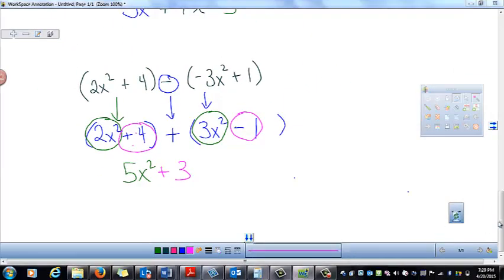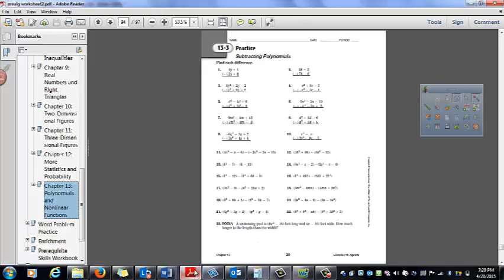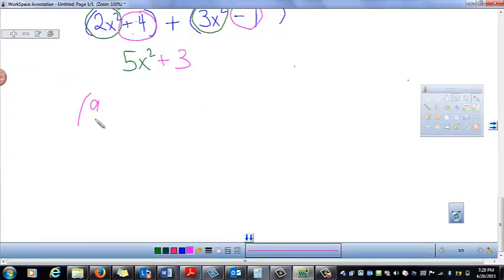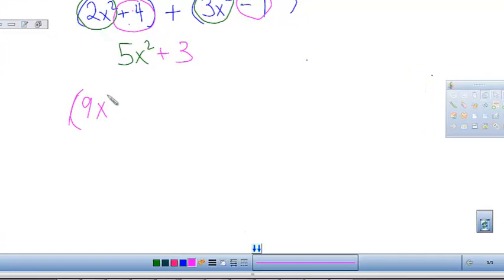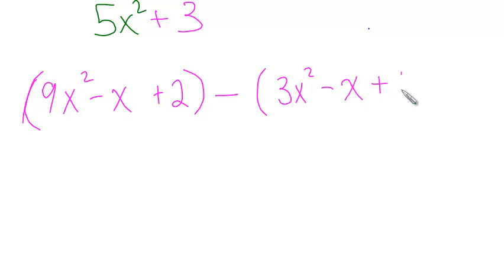So let's try one more. How about this? 9x squared minus x plus 2 minus 3x squared minus x plus 6. So it starts as a minus. If it starts as a minus, change it to a plus.